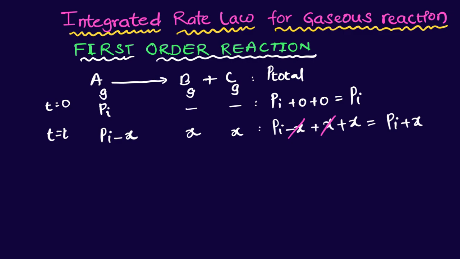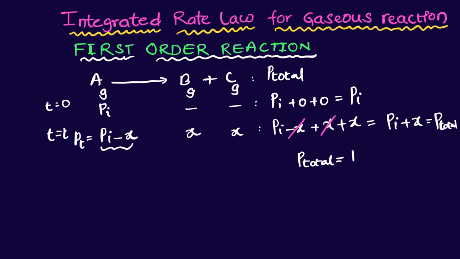This is called P total. And this one, Pi minus x, is called the pressure at T time.